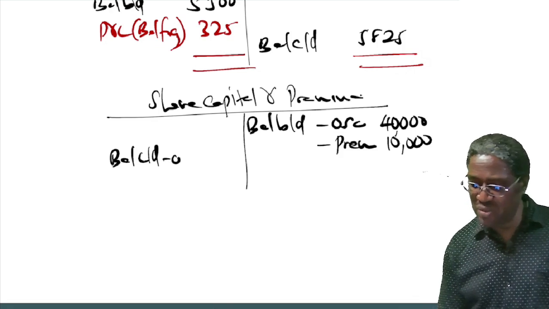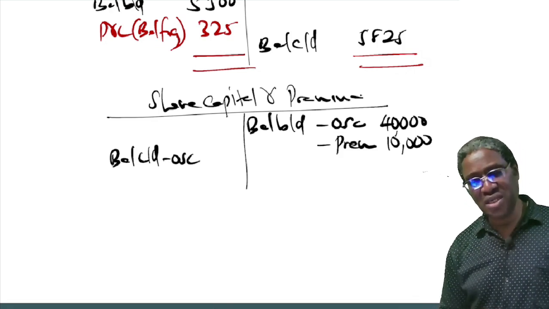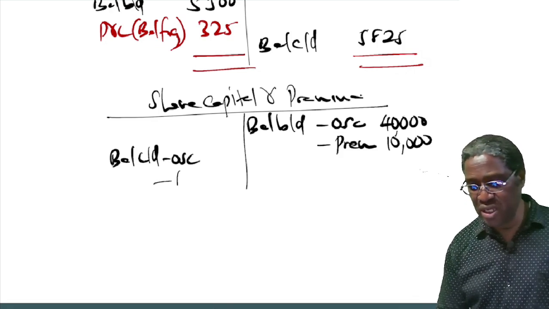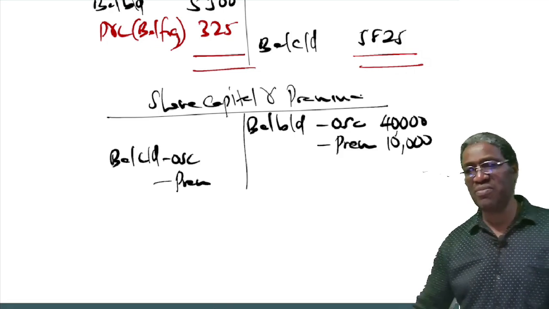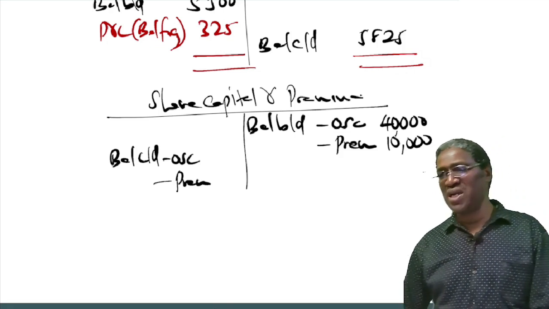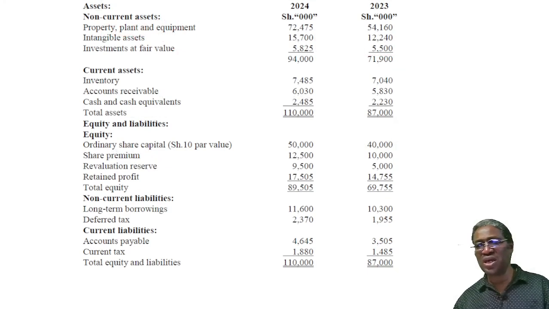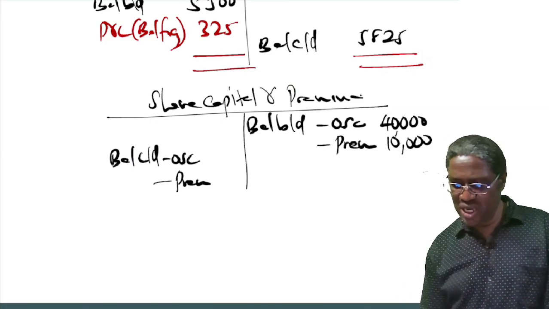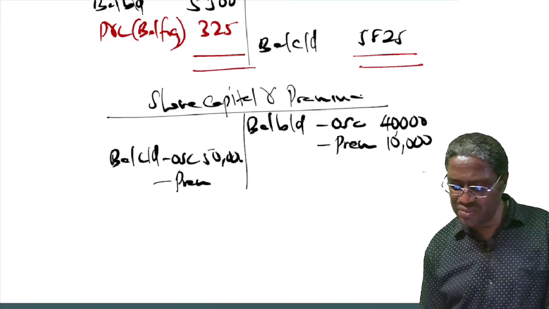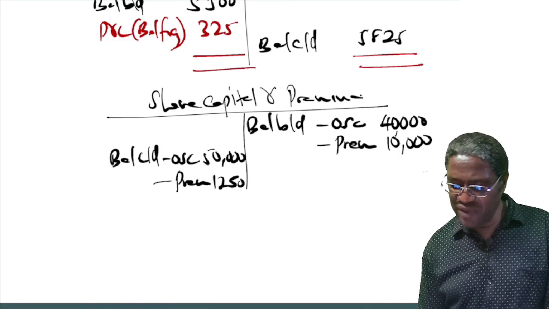So we carry down the balance by the end of the year, for share capital and for share premium. From the balance sheet this year, we are carrying down a share capital of 50,000 and a share premium of 12,500.